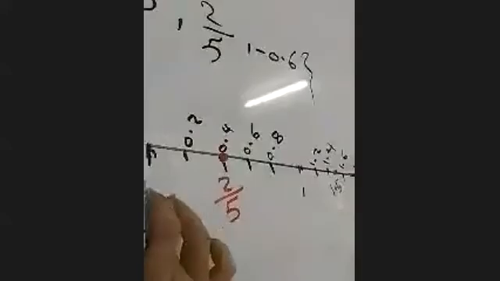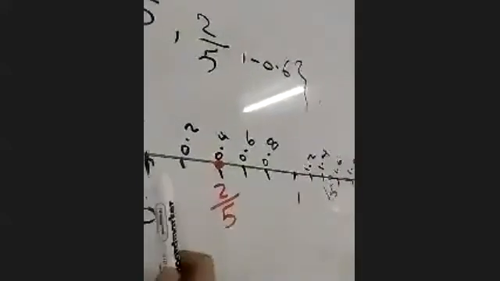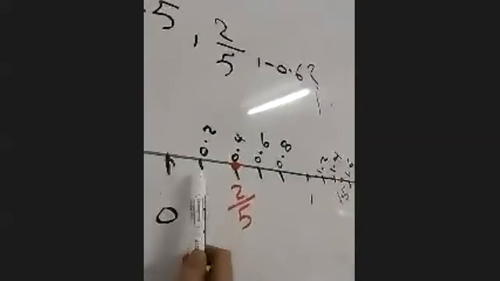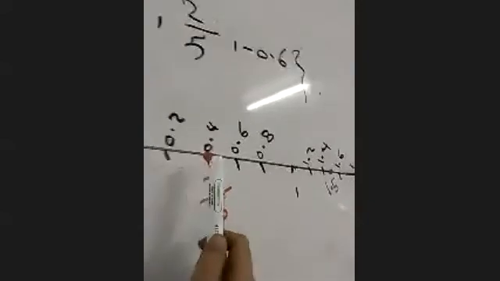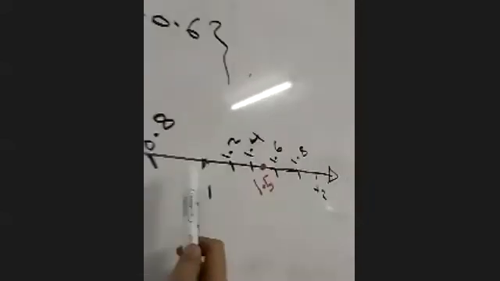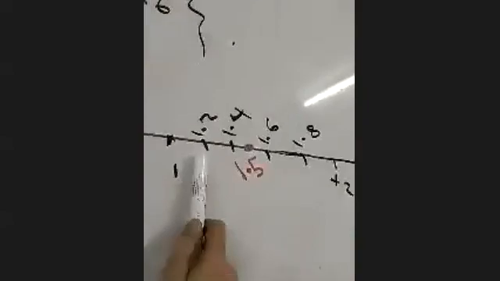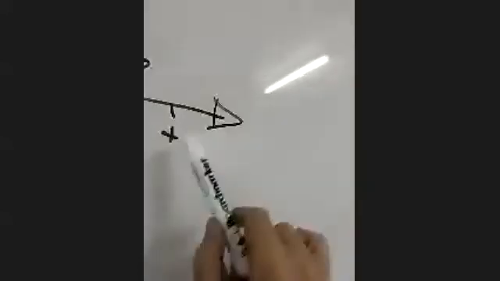After the 0, what do we have? 0.2, 0.4, 0.6, right? Yes. But after the 1, what do we have? 1.2, 1.4, 1.6, 1.8. Stop. After the 2, what will they be?